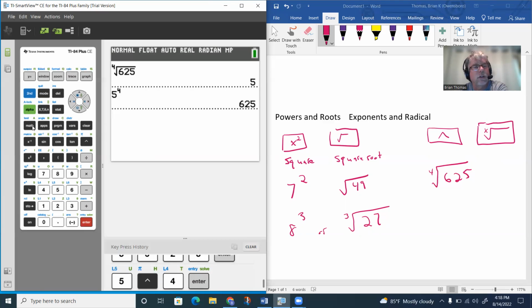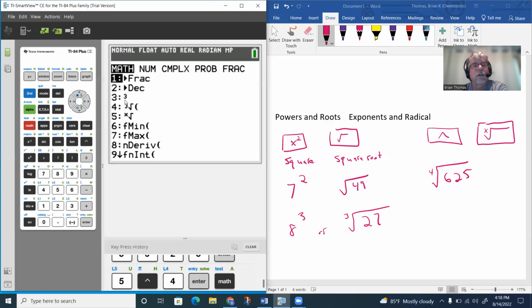I can also go to the math key and find some shortcuts in there. There's this cube button and this cube root button, and then this one does any root, like the fourth root of 625. Those are a little bit trickier because on this one, you have to declare the index number before you go into this menu. All righty, I'll stop there. Hopefully you'll find that useful.